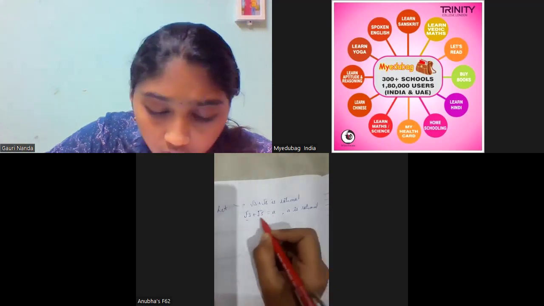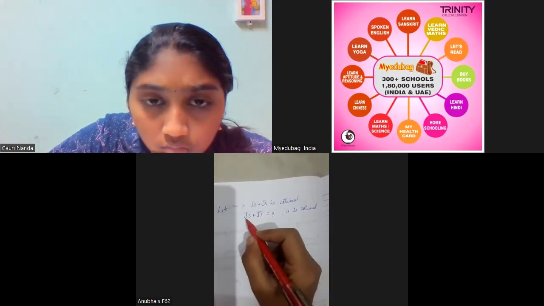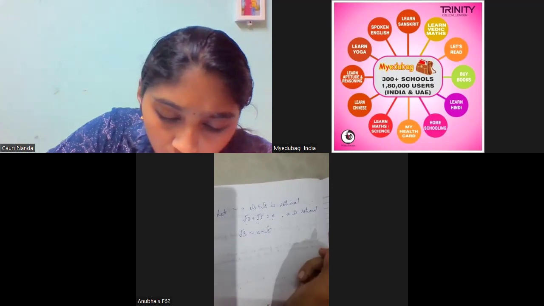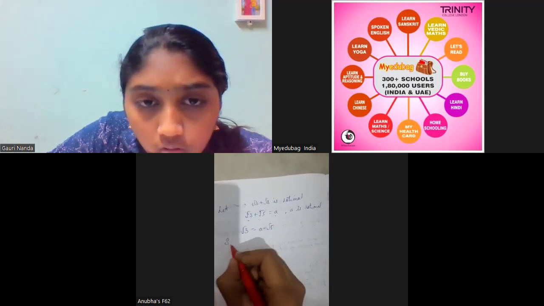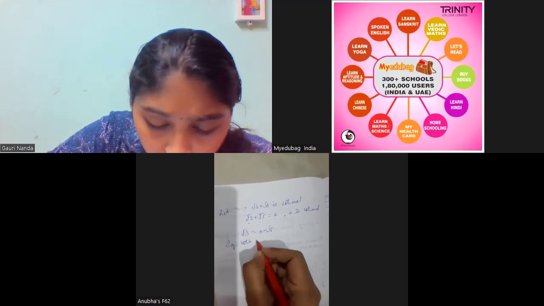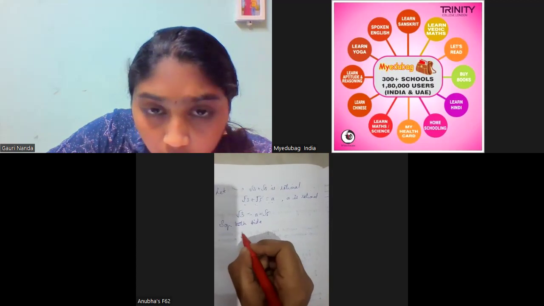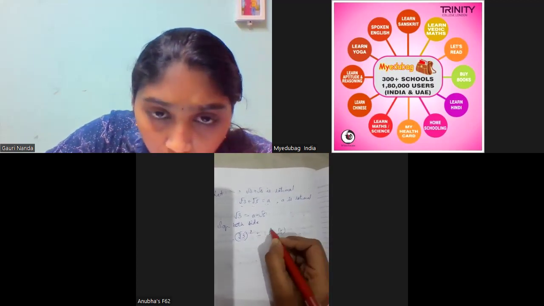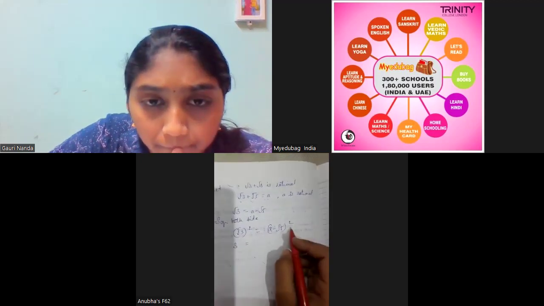Okay. So first we will rearrange it. Either you can take root 3 on the right hand side or you can take root 5 on the right hand side. So here I am keeping root 3 here and taking root 5 over to the right hand side. And now we'll square both sides. When we square both sides, it will be root 3 square and it will be A minus root 5 square. So this will be 3.